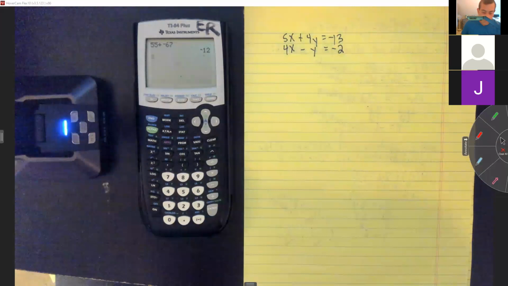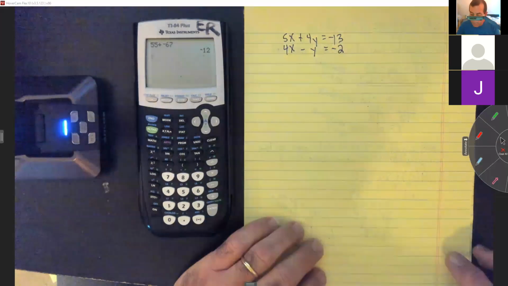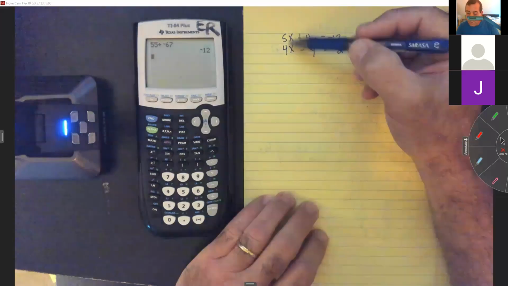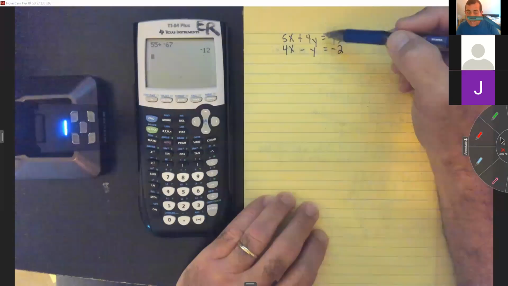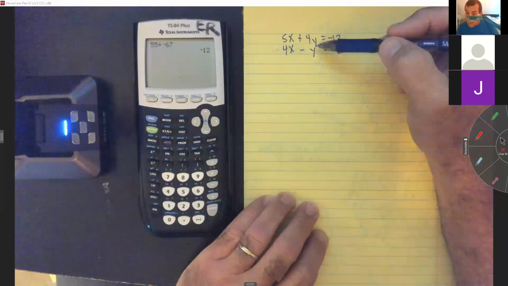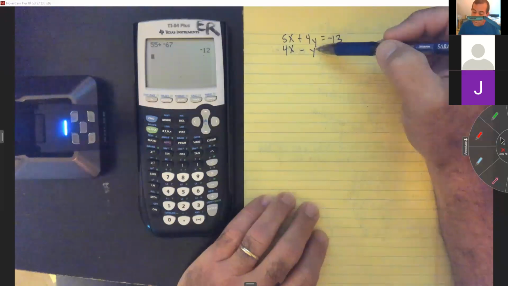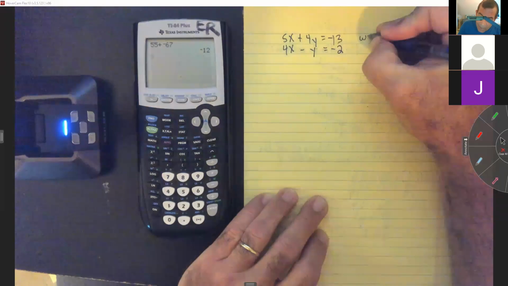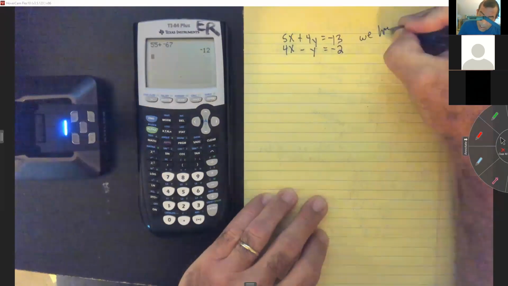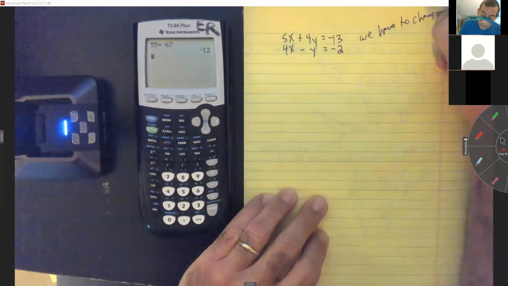So, if you notice, I cannot add a 5x and a 4x and get rid of them. I cannot add a 4y and a negative 1y and get rid of them. So we have to change one of these equations.